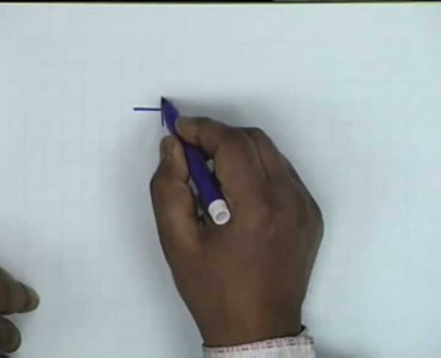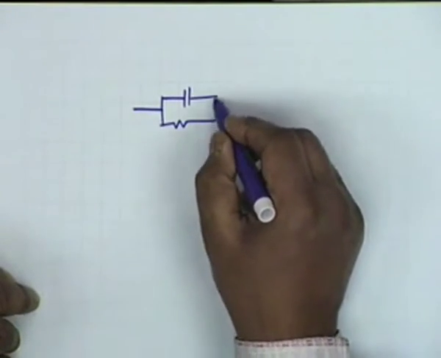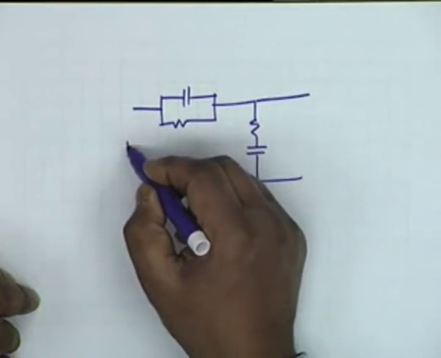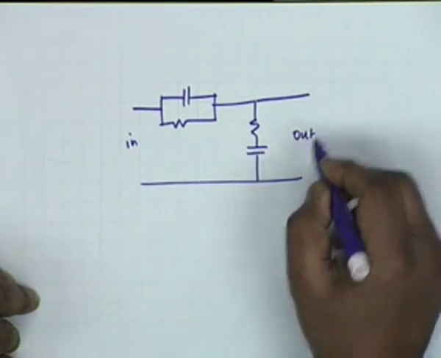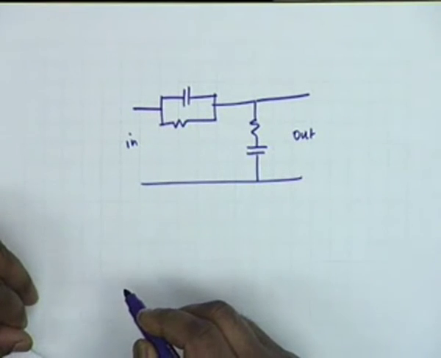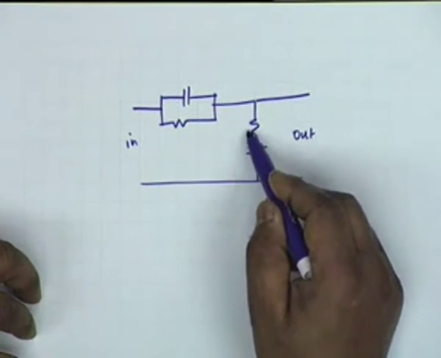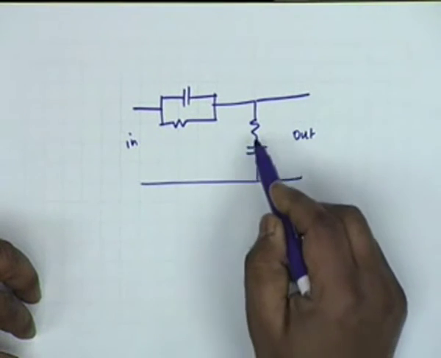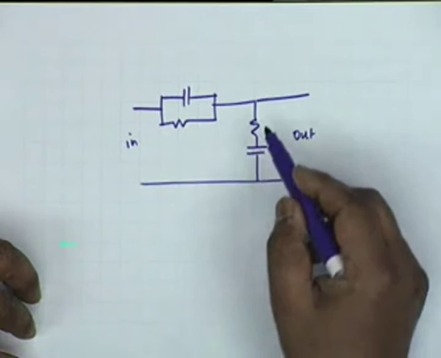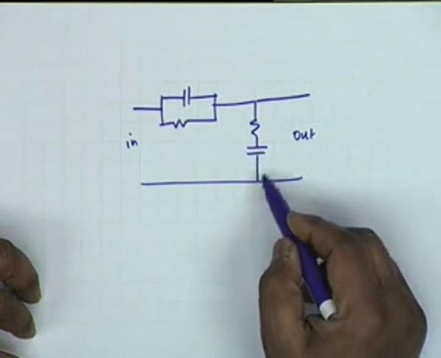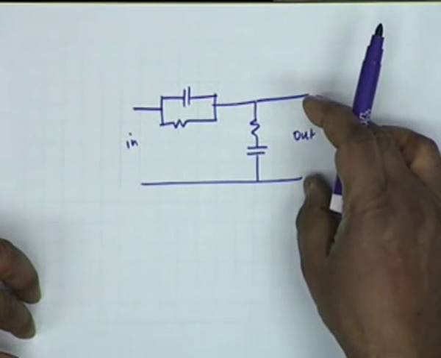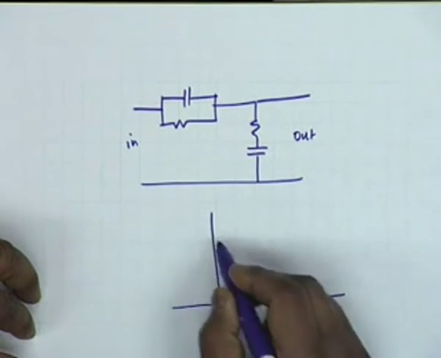That is, if our series arm was like this and the shunt arm was like this, and this is input and this is output, then you see at DC this is a resistance, and this will be open, and therefore whatever voltage you connect here shall appear across the output, and therefore the DC response is 1.